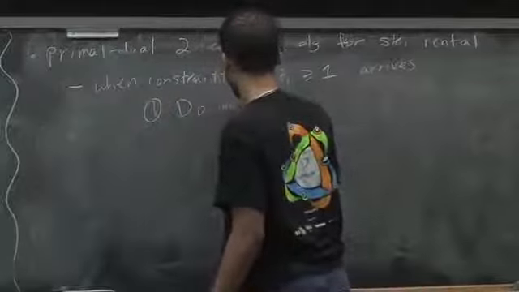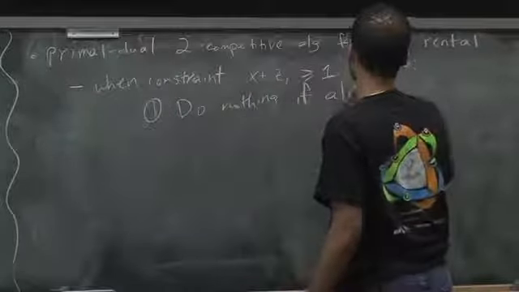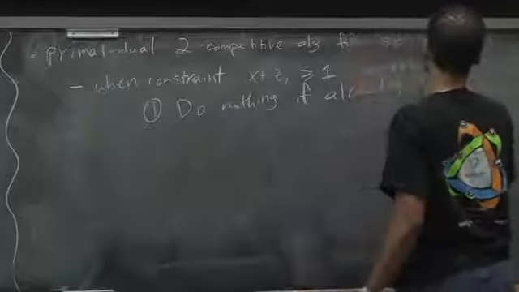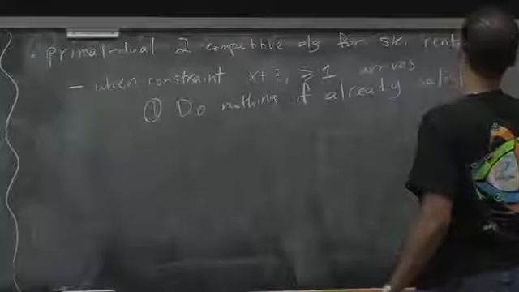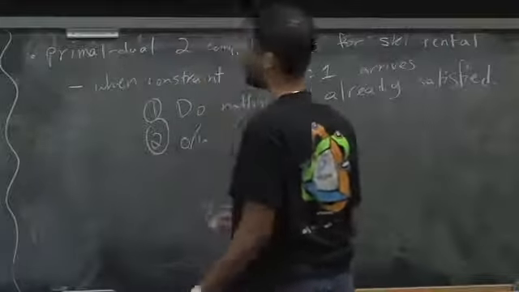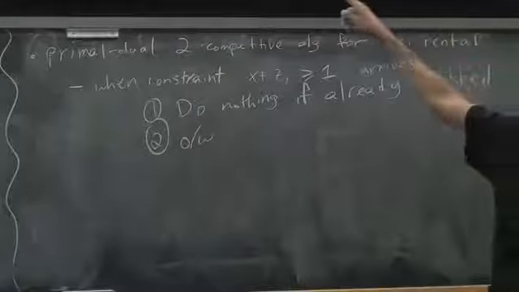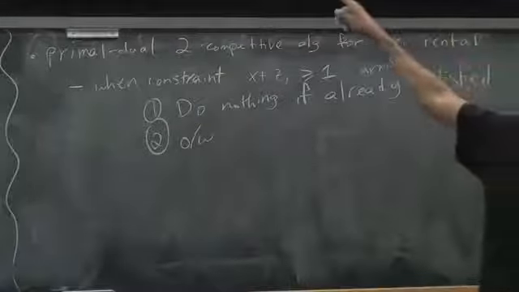do nothing if already satisfied. Otherwise, if it's not already satisfied, notice that when you go from the primal to the dual, every constraint in the primal becomes a variable in the dual. Okay?